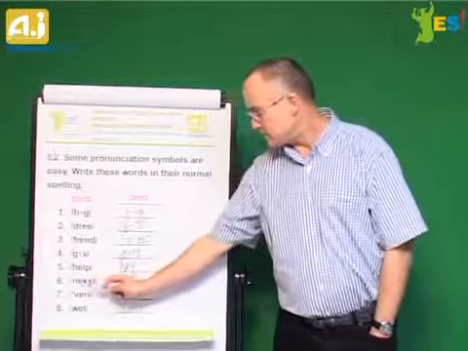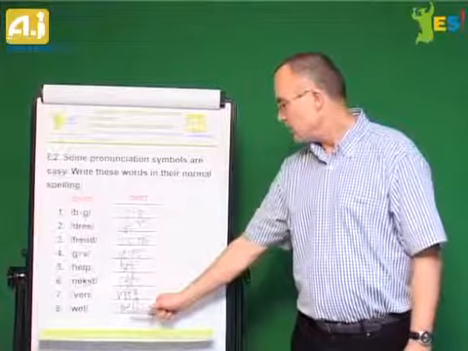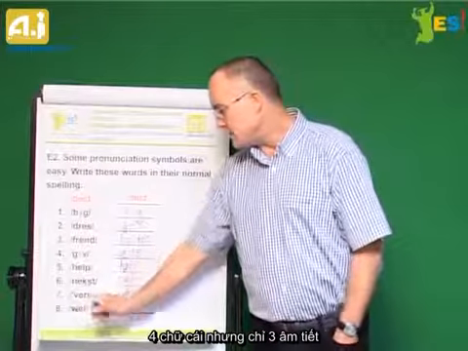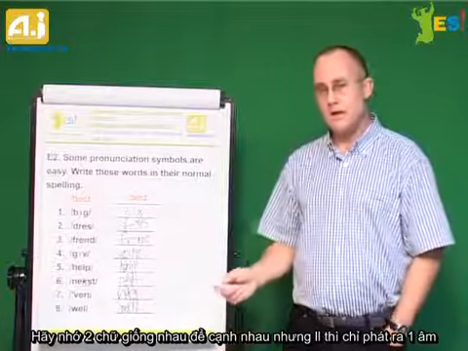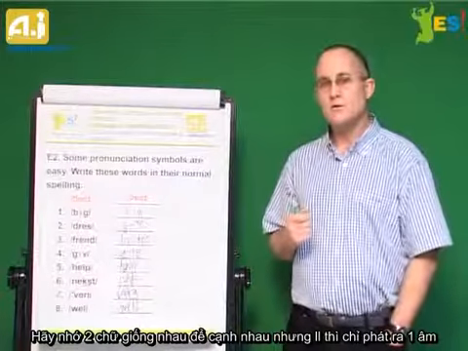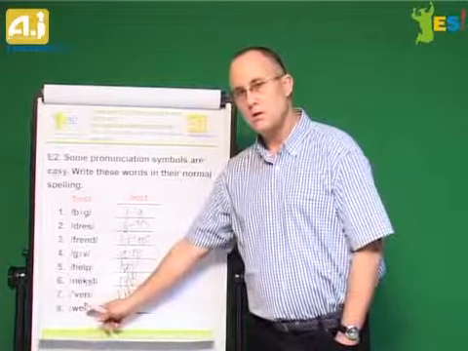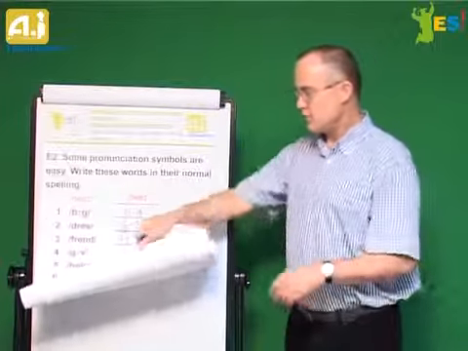And the last one, number 8, is well. 4 letters in well, but only 3 sounds. Remember that double letters like LL are often pronounced with one symbol. W-E-L. Let's move on to our next page.